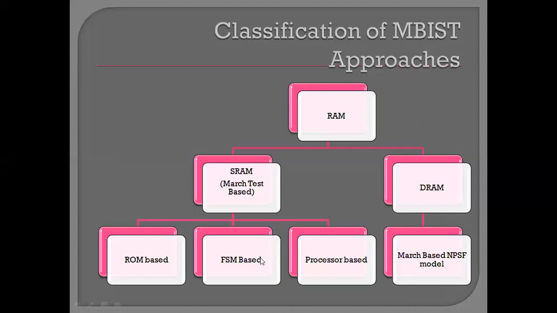Now state S1 will transit to state S2 only if it gets the control signal write equal to 1. If it doesn't get write equal to 1, it will keep looping in the same state. When write is equal to 1, it will move to the next state. That state can probably be write 1 to all the cells in increasing order.